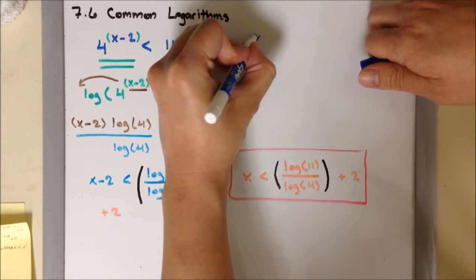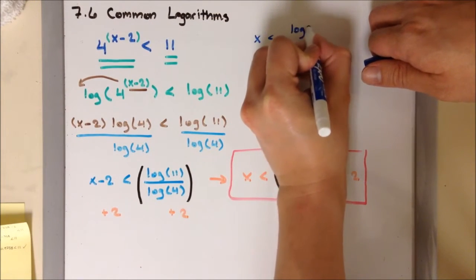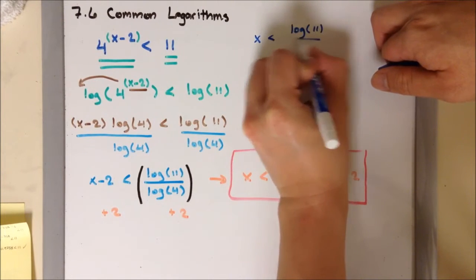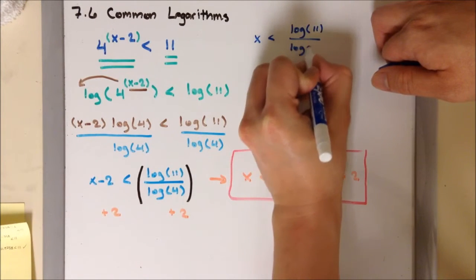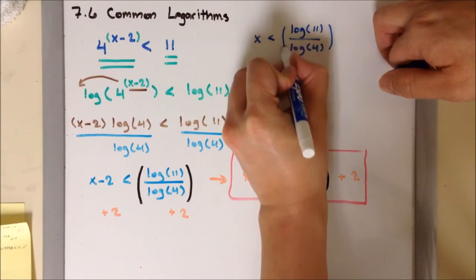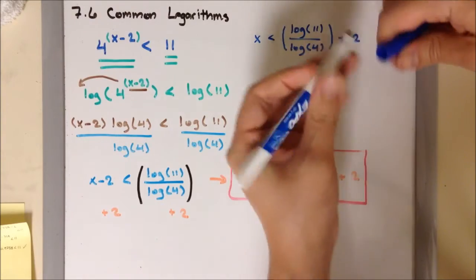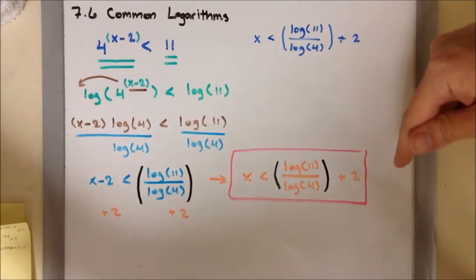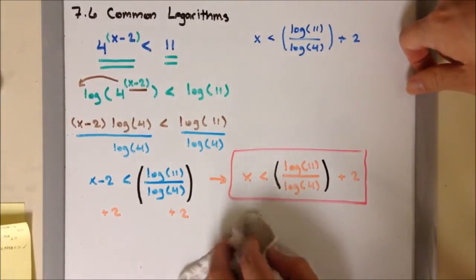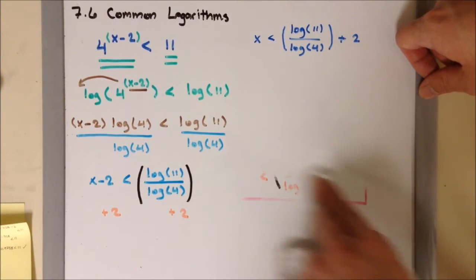So x less than log of 11 over log of 4 plus 2. So we're continuing as if we were working with calculators, trying to solve for the numerical answer of x.